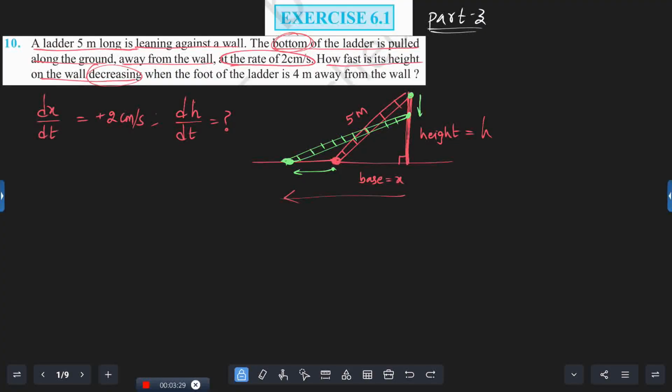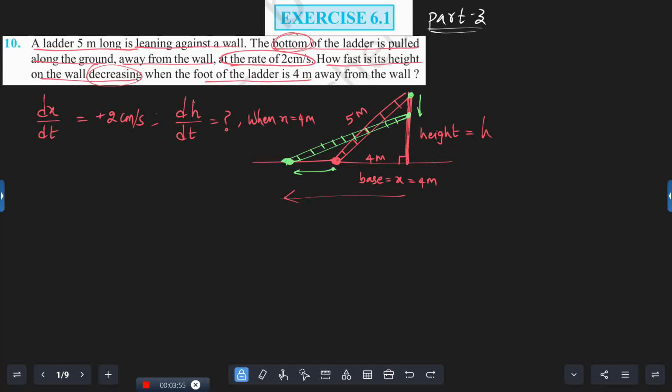Don't forget, when the foot of the ladder is 4, the foot of the ladder is x, that is the base. So when x is equal to 4 meter away from the wall, that is what we have to find.